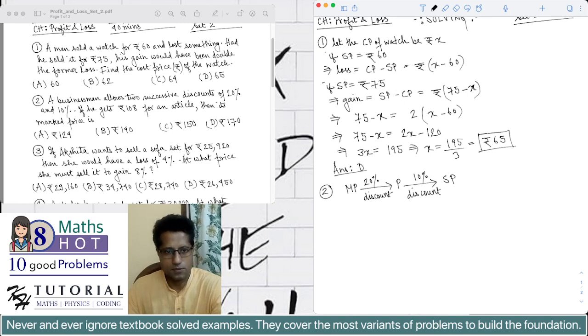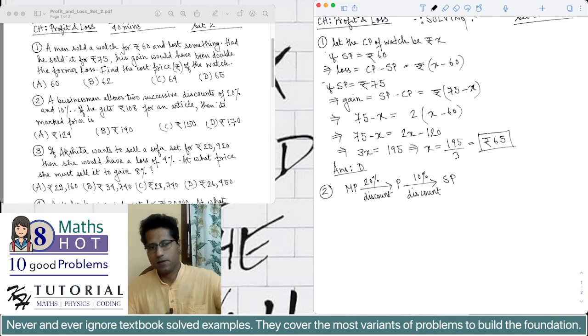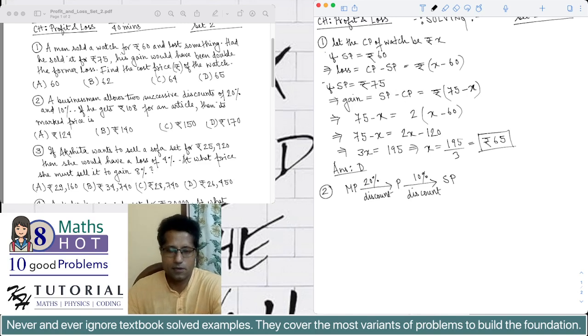Now it is given that he gets rupees 108, meaning the final selling price is rupees 108. So we have to find the mark price.